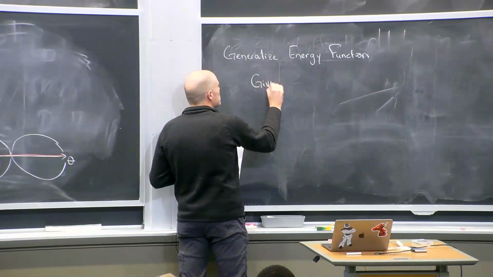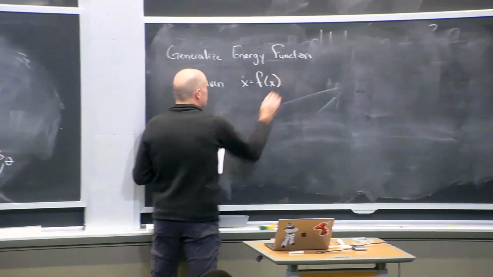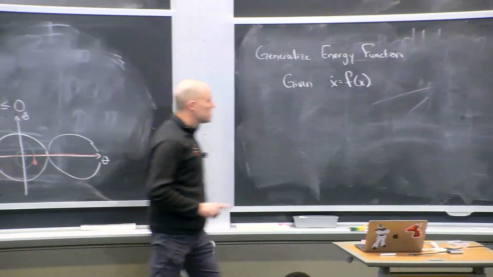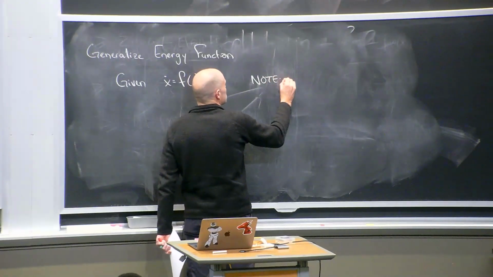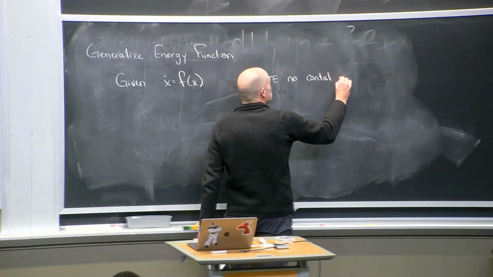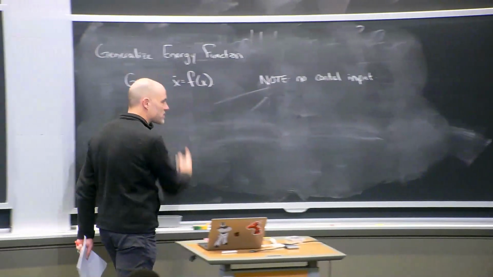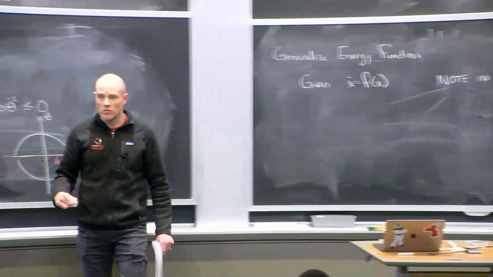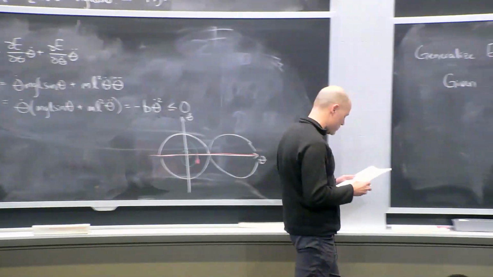So if I'm given some dynamical system, x dot is f of x. Note that there's no control input yet. It's not x comma u, it's just f of x. We'll bring control back in later. This is the closed loop response, if you will.